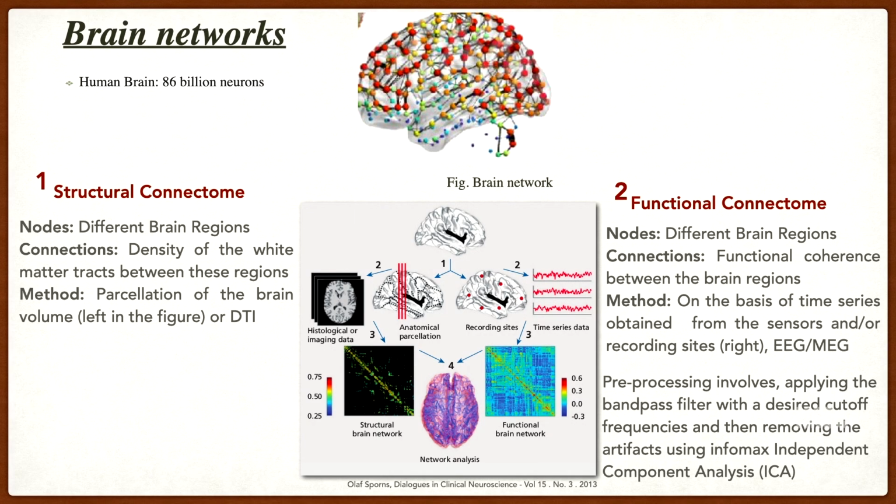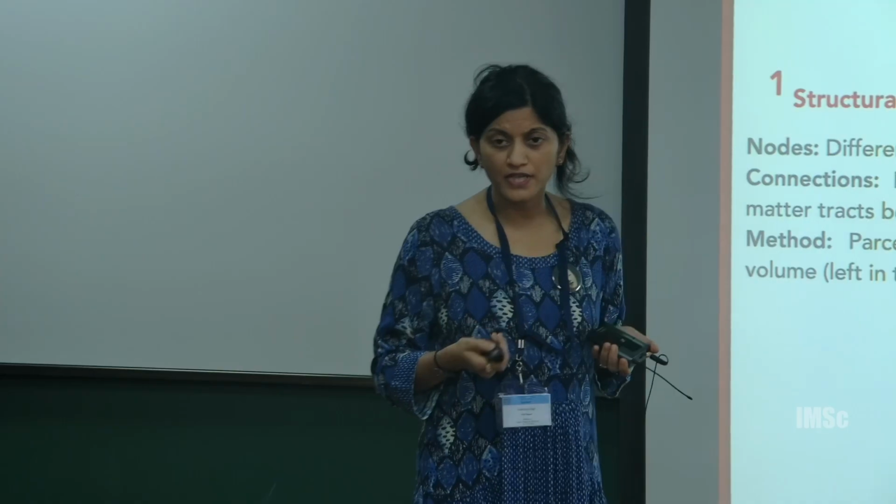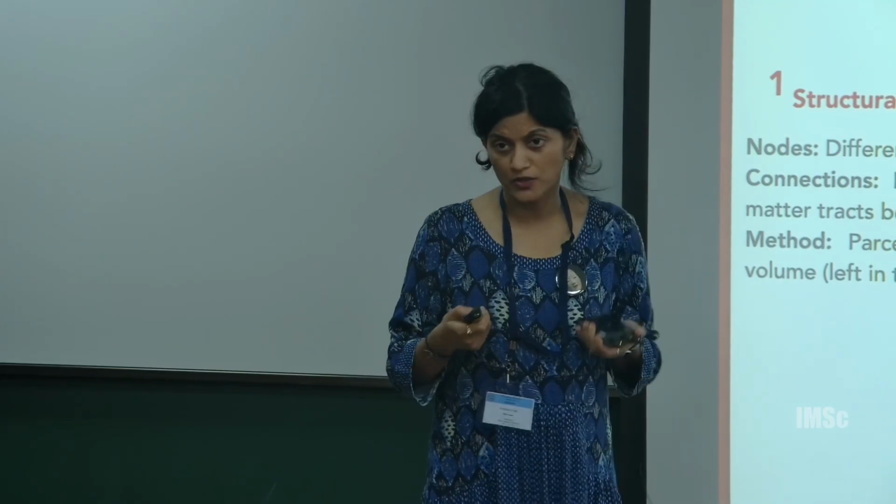This structural connectome is basically coming from the anatomy of the brain. The methods to construct the structural connectome are either brain parcellation or DTI, which is diffusion tensor imaging. Another way to construct the connectome is the functional connectome.